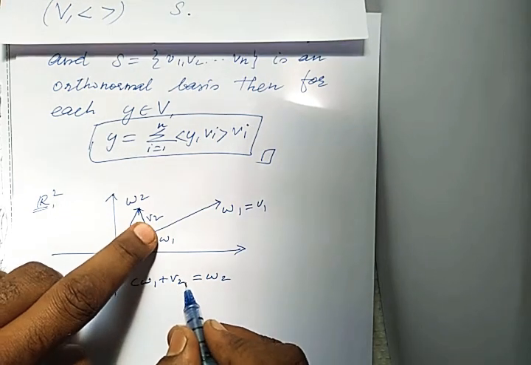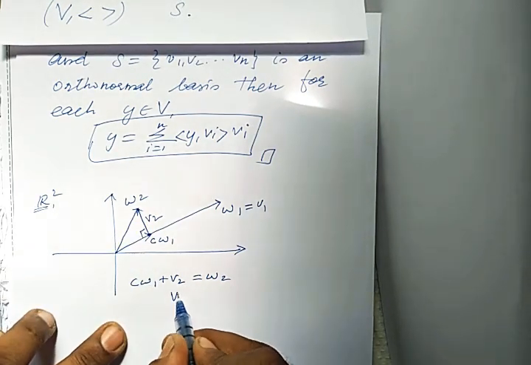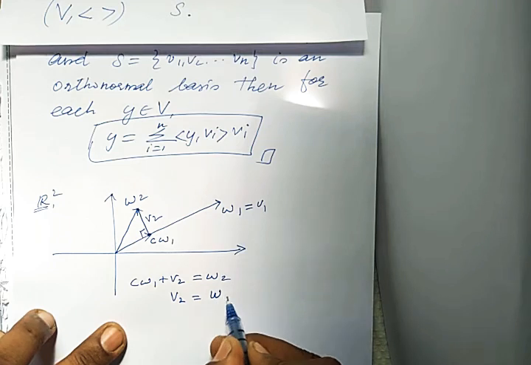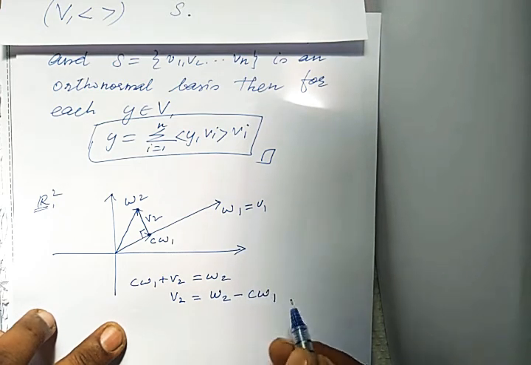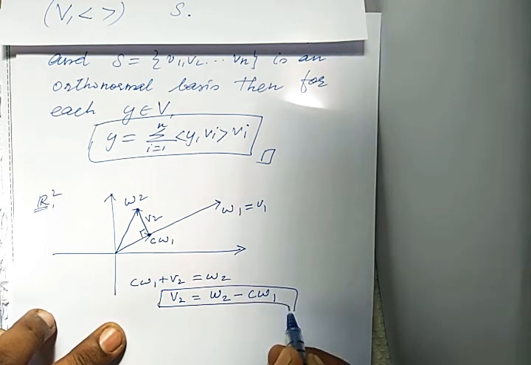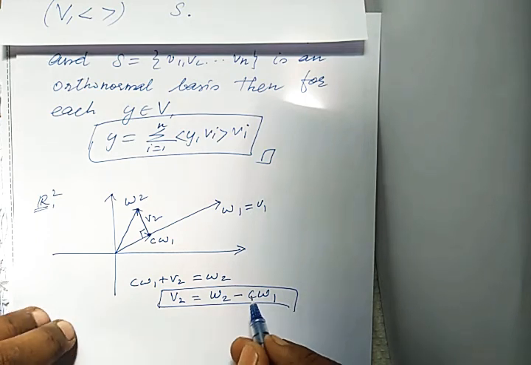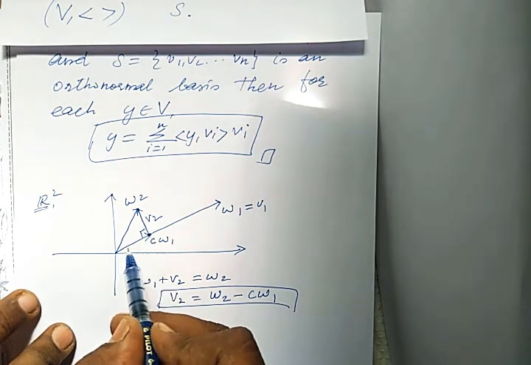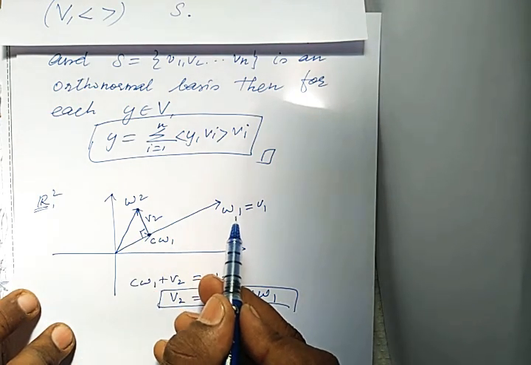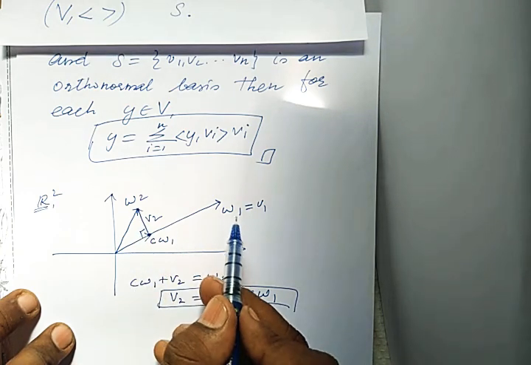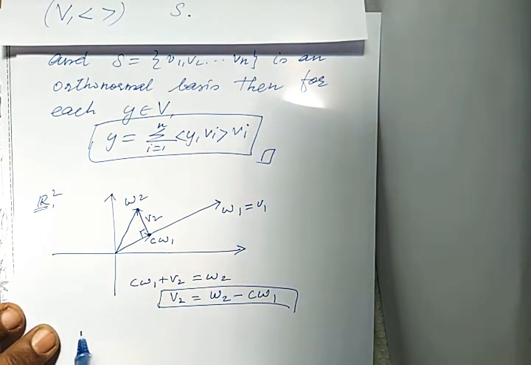My aim is to find V2. V2 is equal to W2 minus CW1. But here we have to find C. Clearly V2 is perpendicular to this W1, right?